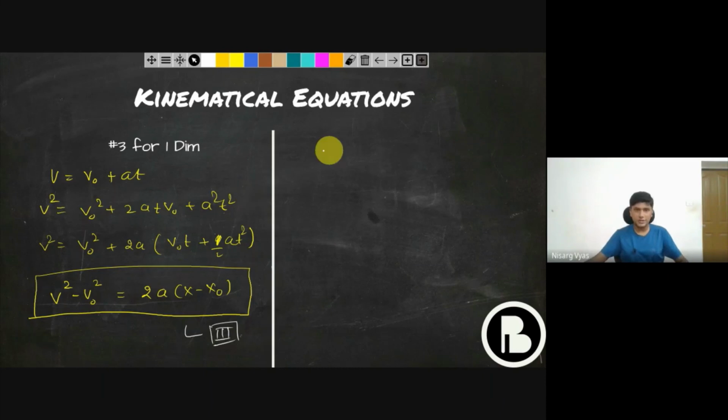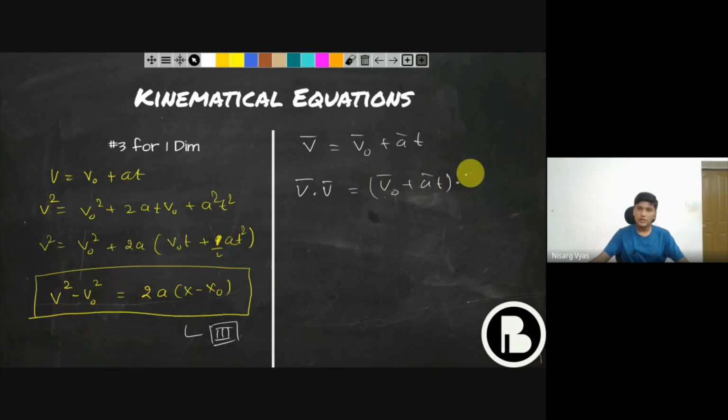So this is your third equation, but the glimpse is for 3D. This is the equation v equal to v naught plus at, and you take the dot product on both sides with the v vector. So it is v vector dot v vector, and here it is v naught plus at dot v naught plus at. And this becomes v squared, the magnitude of v squared, of course.